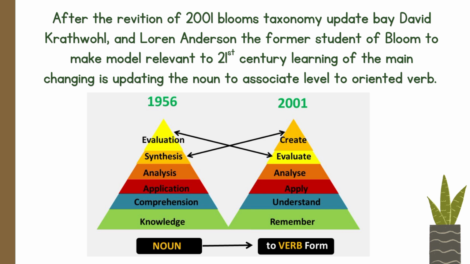The two upper levels were switched. Synthesis became creating in 2001 and moved to the highest level. Evaluation moved down one level and became evaluating. This reflects the belief that creating something new is now considered the most complex and advanced skill.